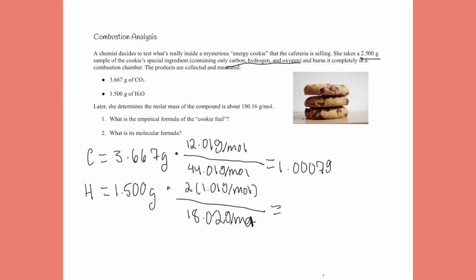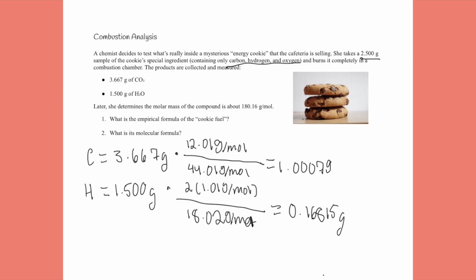And we get 0.16815 grams. Now that we have the masses of carbon and hydrogen, we can subtract this from the total mass to find how much oxygen we have.